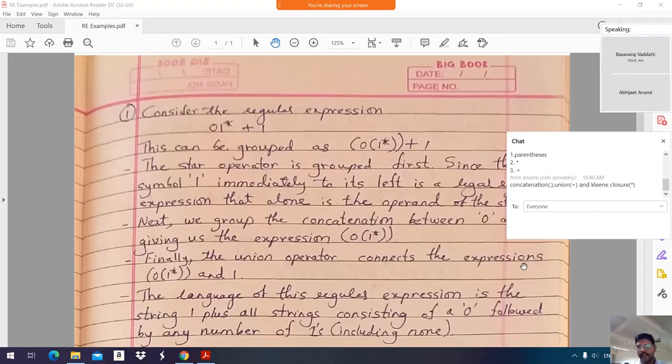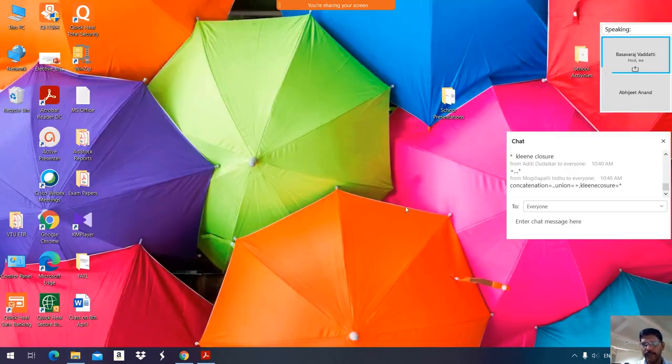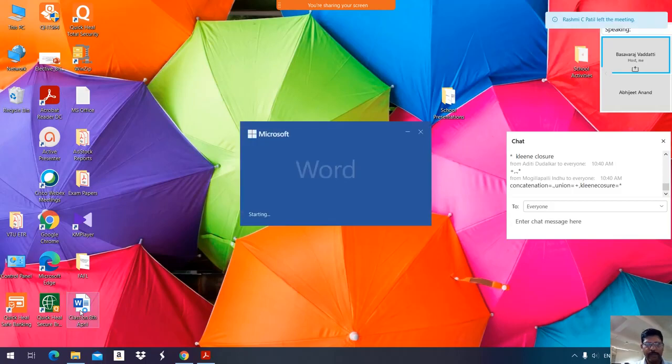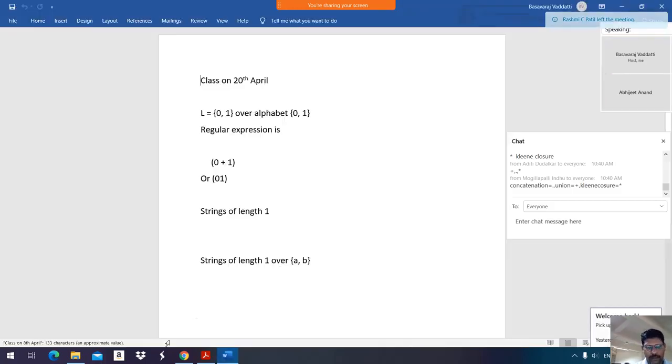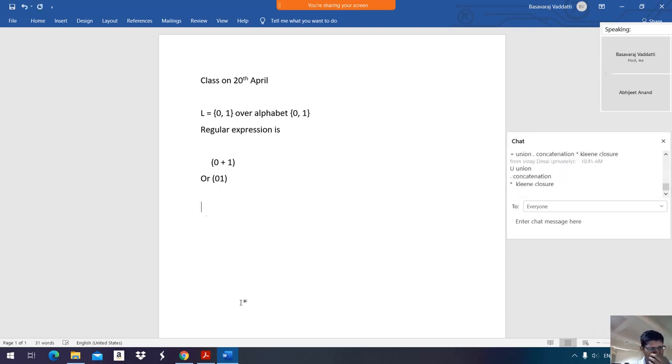Each one of you type the operator symbol and the name of the operators which are used in the regular expression.